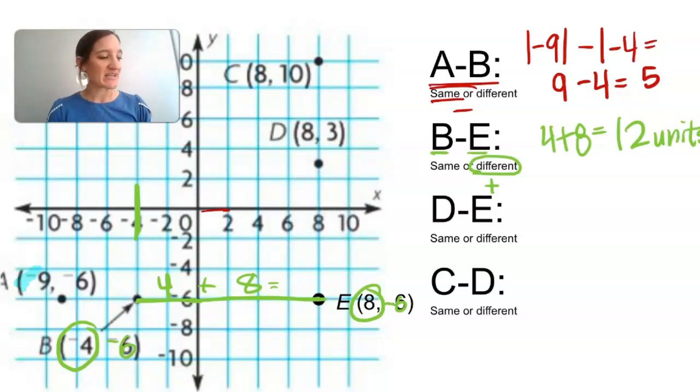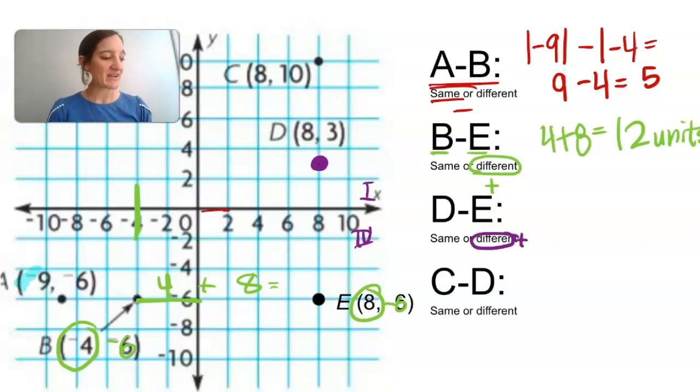So D and E, here's D right here, here's E right here. Are those in the same or in different quadrants? Well, they cross over the x-axis, which means they're in different quadrants. This is quadrant 4, this is quadrant 1. Because they're in different quadrants, we are going to add those together.